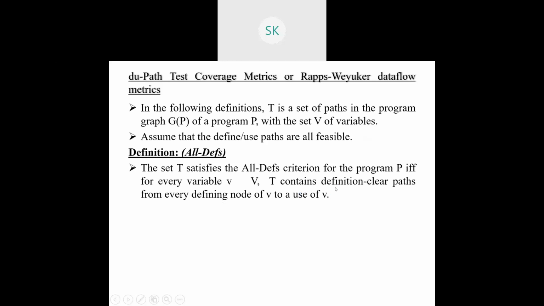They are only defining, but after some time it will come back. There will be a loop, so it will be defining as well as using in the same statement itself. It is not redefined anywhere, so that's why it's a definition clear path. So 10 to 16 is a definition clear path. In the same manner it will go on. All those things are nothing but all definitions. That is the metric that they are using.